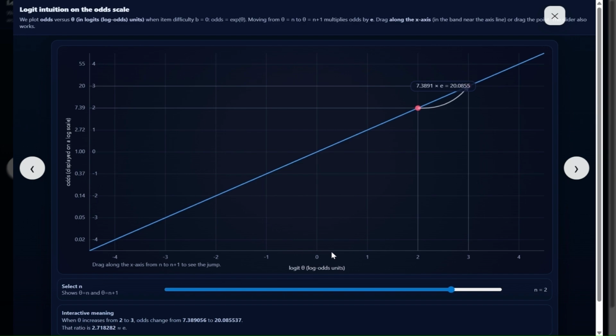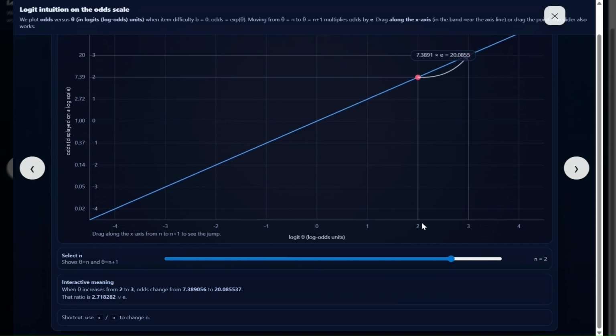So an incremental logit of ability leads to multiplication of the odds by e. A decrement in logit of ability leads to a decrement of the odds rate by e. So you understand the logit from their effects on the odds rate. They are actually the logarithm of the odds. The logits are nothing but the logarithm of the odds.